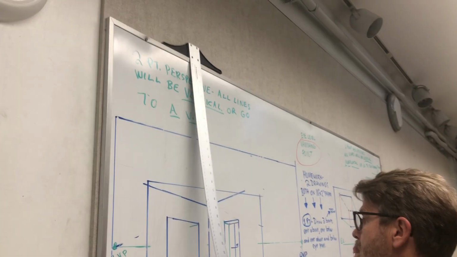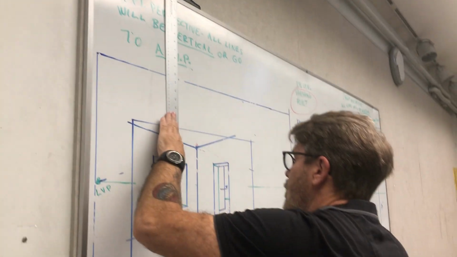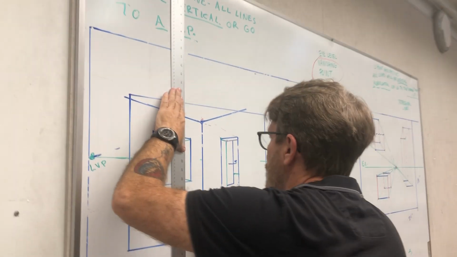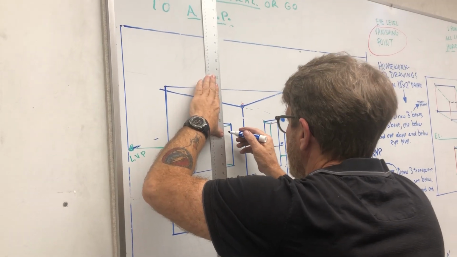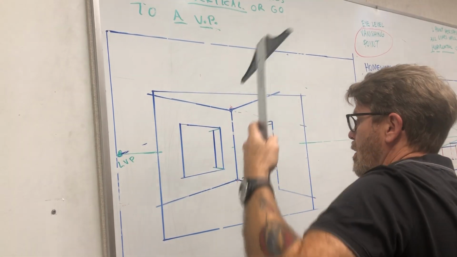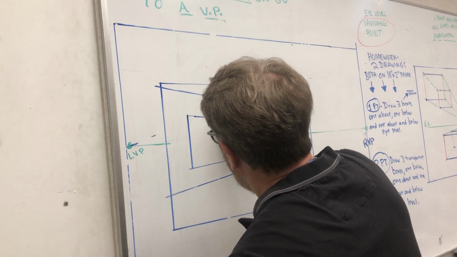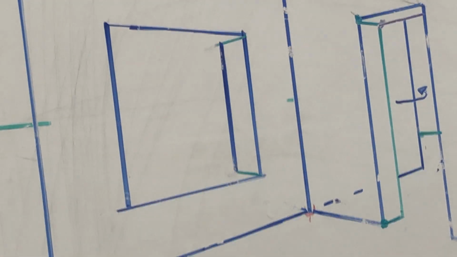Connect them with a vertical. Wherever I want, however thick I want the wall to be, I'll go here. Right?